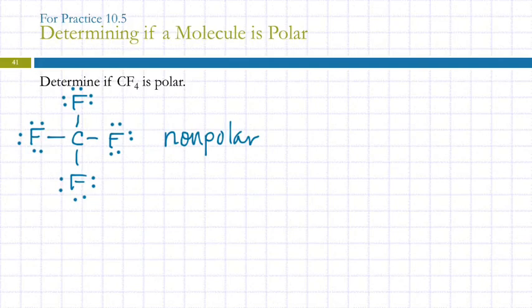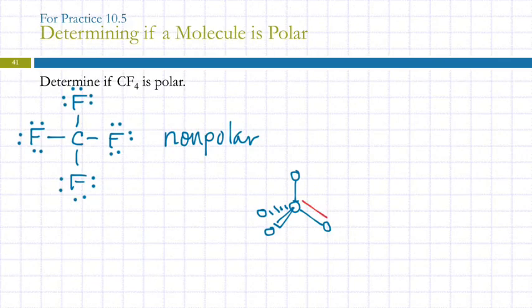Then let's look at why that is. What is the molecular shape of this molecule? Tetrahedron. So, which is more electronegative, fluorine or carbon?